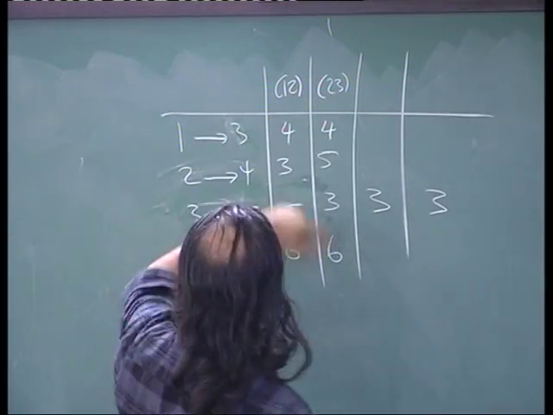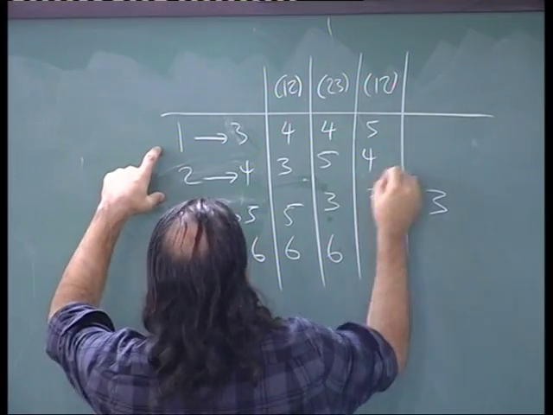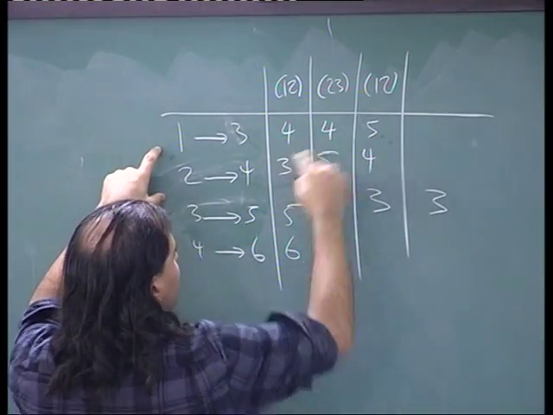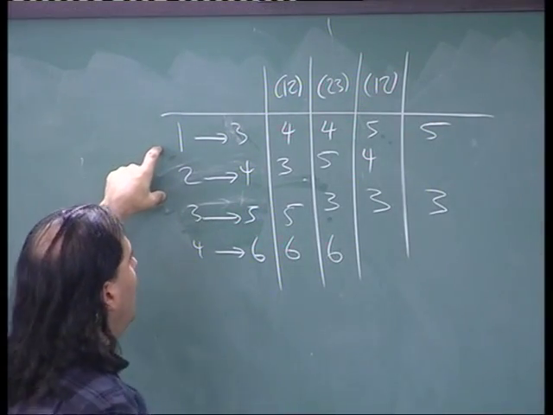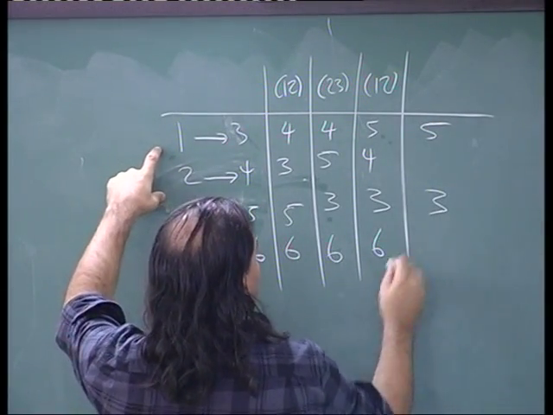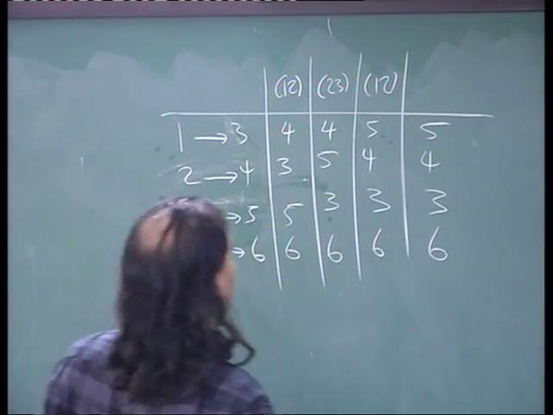Now I keep going. What's the first time this happens? It's 1 and 2 again. 5, 4, so that's good. 1 has gone to 5, frozen forever. And here, what is the first time?